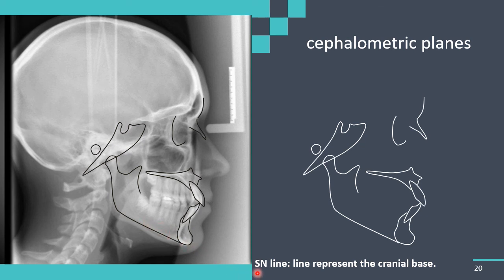Now, the planes that are composed by connecting the points. The most popular line or plane is the SN line or SN plane, which represents the cranial base, or the anterior cranial base of the patient. This plane connects the S point and N point, the sella to the nasion, forming the SN line or SN plane.